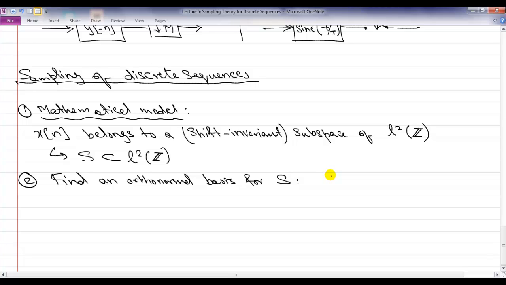All possible shifts of that will give you the basis for that subspace. So without loss of generality, I'm going to call it phi m, and you have all possible shifts of it. Of course, if you are dealing with a vector space of sequences, your subspace basis will be sequences.